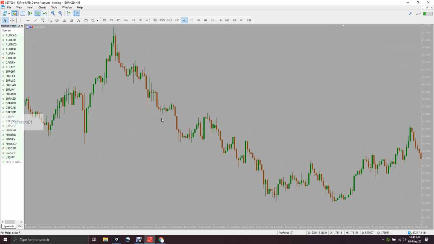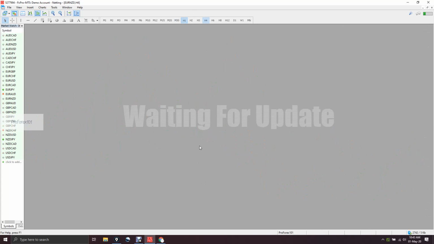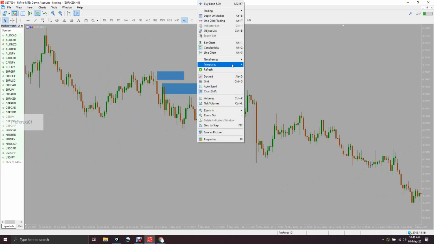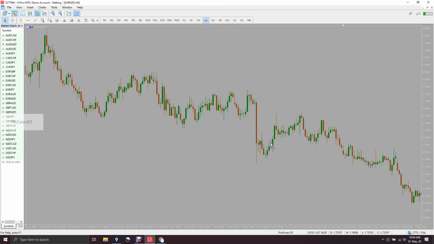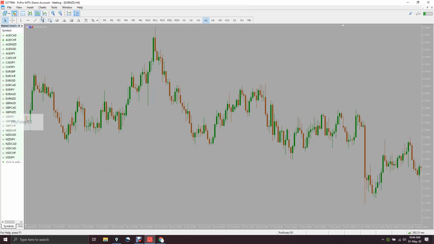So when we're coming down, let me just go to a higher time frame. In terms of market coming down and then struggling and continuing south, this here is a supply zone.